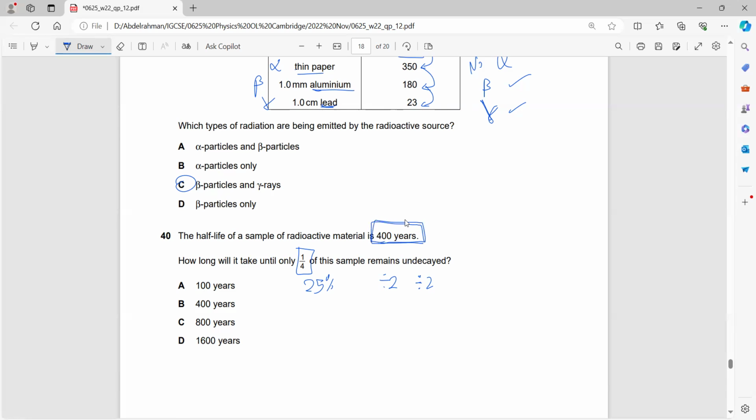So basically, you need two half-lives, because you need to reach only a quarter of the sample, 25%. Two half-lives means you multiply 2 by 400, which gives you 800 years. So after 800 years, you'll have only a quarter of the initial sample remaining.